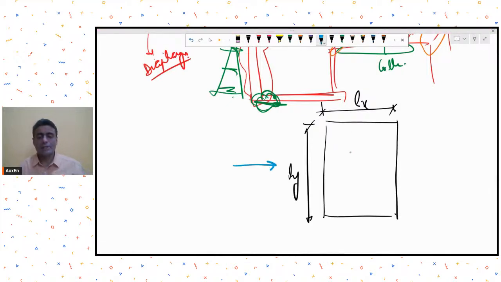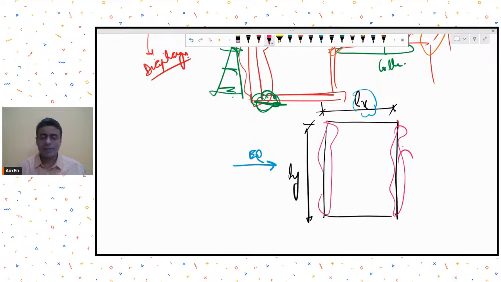So imagine that this slab is nothing but a deep beam of depth Lx, because my earthquake force is acting like this. Okay. So these elements will act as compression and tension elements, because this becomes somewhere my neutral axis. So these are my top fiber, bottom fiber, something like this. So these elements I call as my chords. These will have tension and compression depending on the direction of earthquake forces, and the majority of shear transfer.